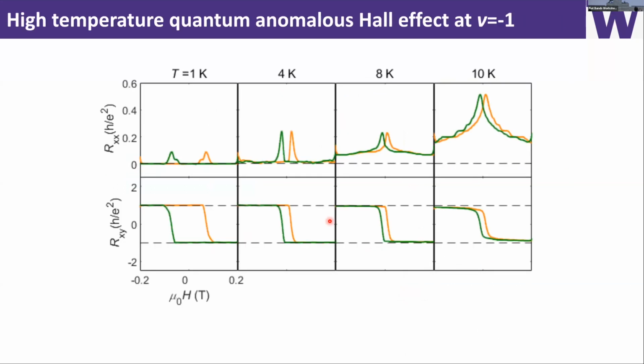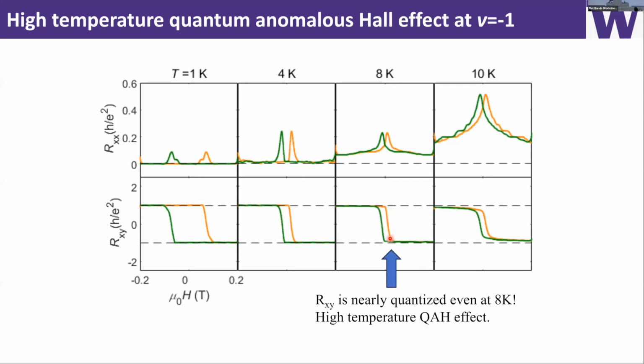The second feature I would like to emphasize is that the quantum anomalous Hall effect is not new. We know that this has been demonstrated in many different systems. But what's exciting is that the temperature is pretty high. You can see that even at 8 Kelvin, this Rxy is still nearly quantized.